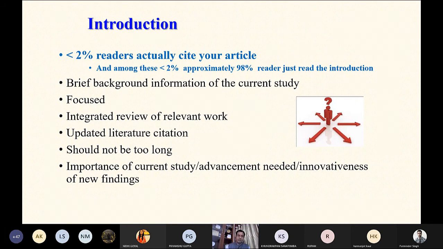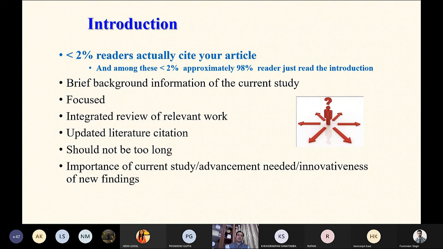We have to include only the updated literature, meaning only the recent studies that have been conducted by others in the same area. Because only the updated and recent studies will indicate what has already been done by others and what exactly the research gap is, due to which we are going to plan our research.